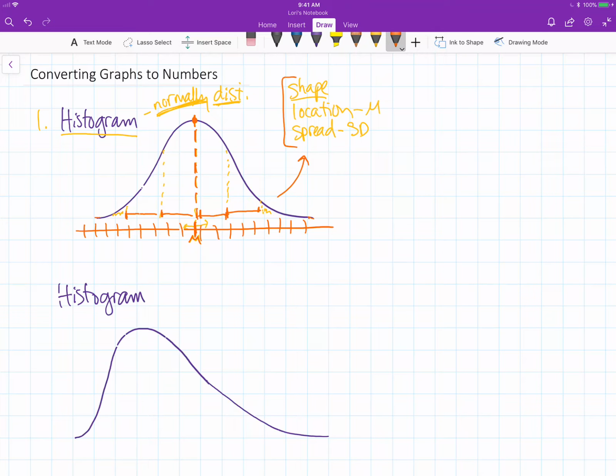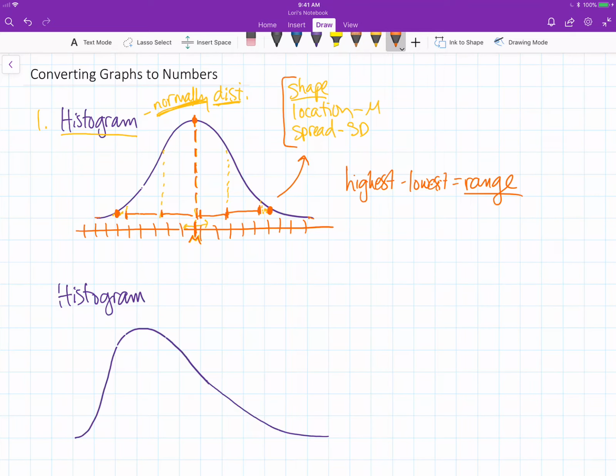So here's a pretty okay rule of thumb. It's not exact, but it's a close estimation. If we were to take the highest value, that's going to be somewhere here, and the lowest value and subtract them, we call that the range. Highest minus lowest equals range. And so range really is a number.